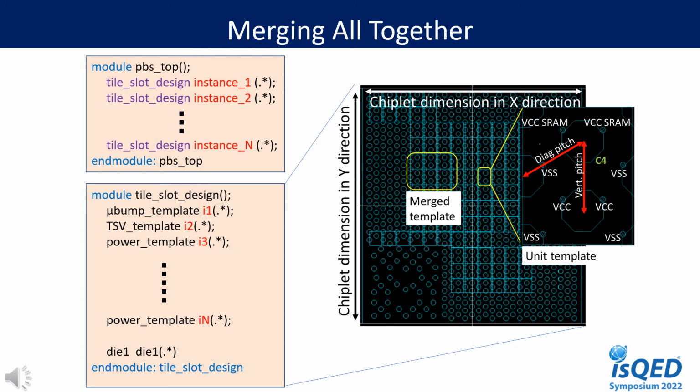As we can see in this figure, power templates are spread all over the tile slots here. Based on the way we need to hook up the active chiplets and depending upon the number of micro bumps or inter-die connectivity, we have dense C4 micro bump connections towards the left side of this picture, and custom IP region have sparse C4 based on limited IOs or again the power connectivity.